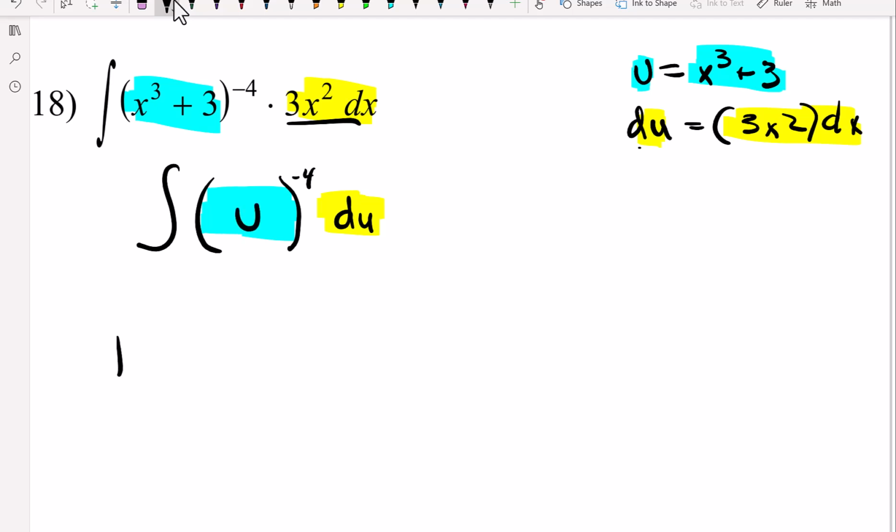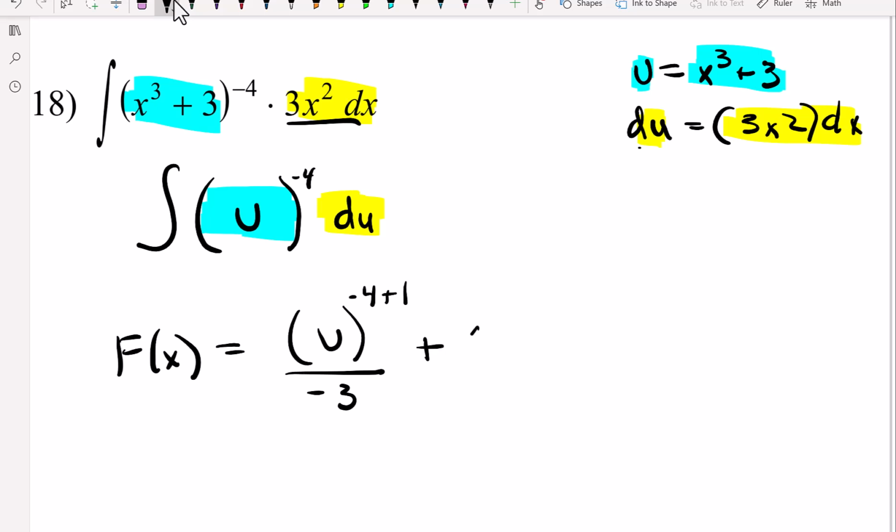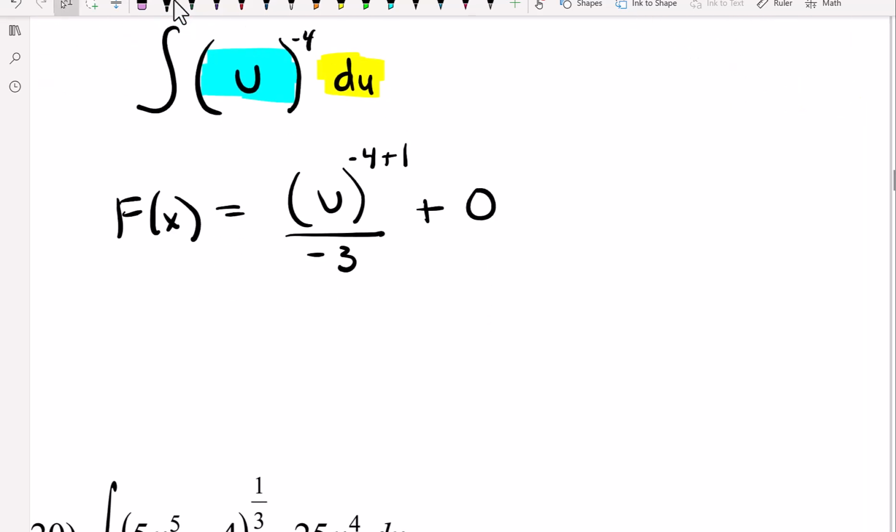All right. So negative 4 plus 1 is negative 3. And then the integral of 0 gives us the uppercase C. And because this is a negative exponent, the u will go to the denominator.